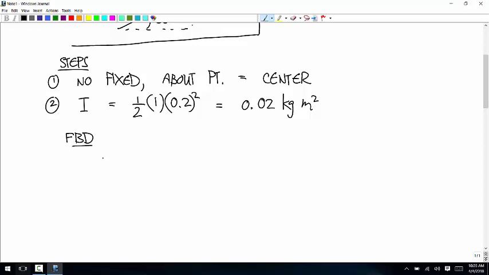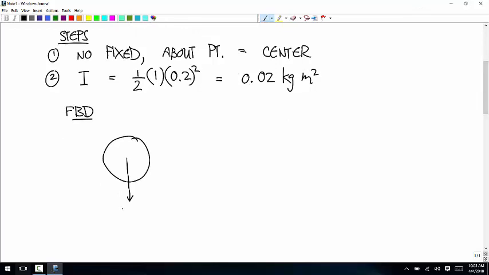And then the free body diagram. The weight acting down is 1 kilogram times 9.81. And then there's a normal force.